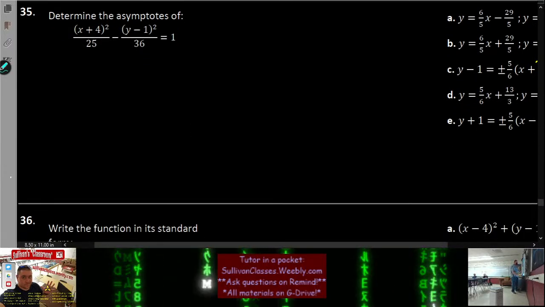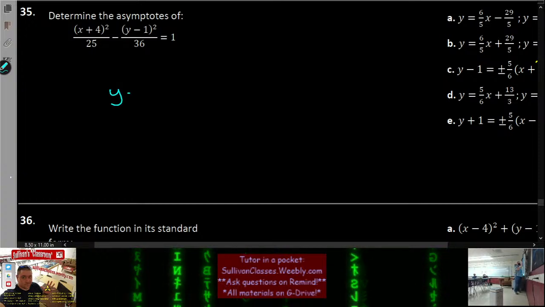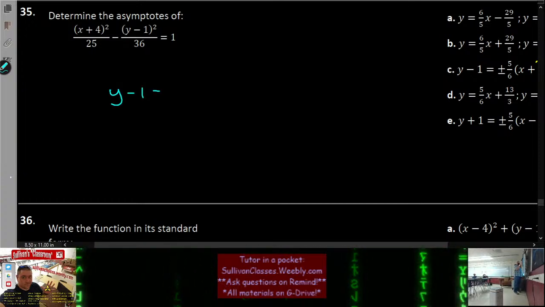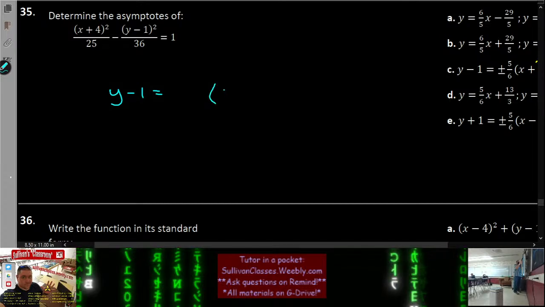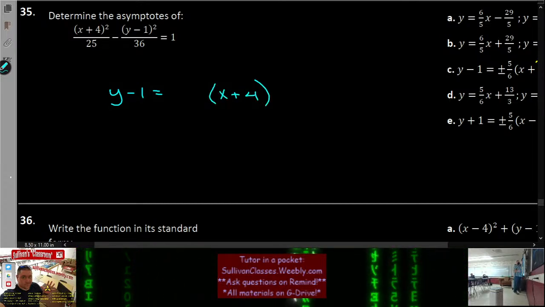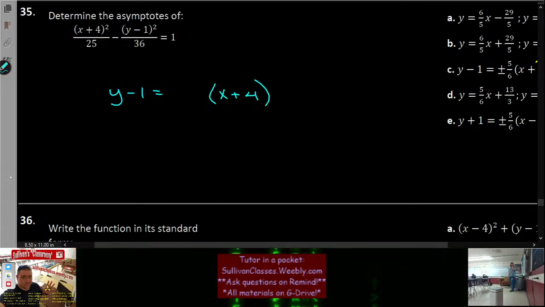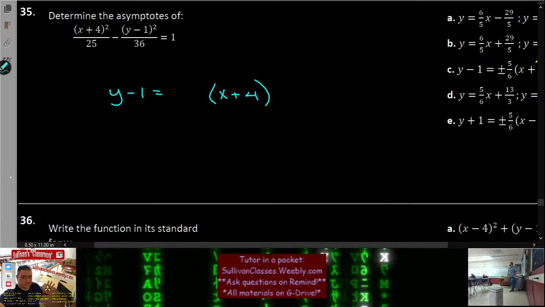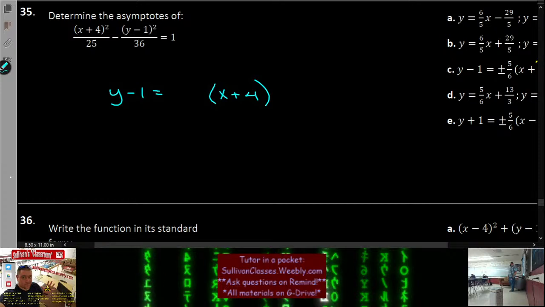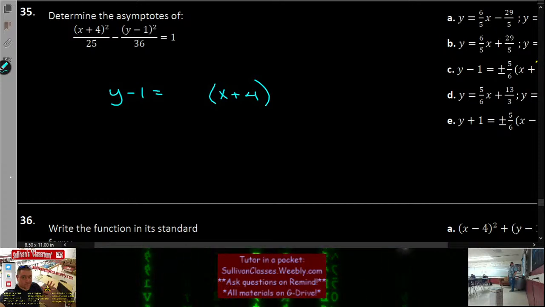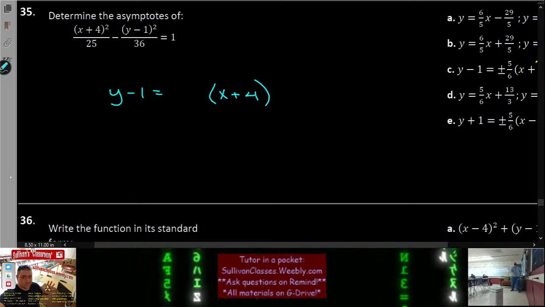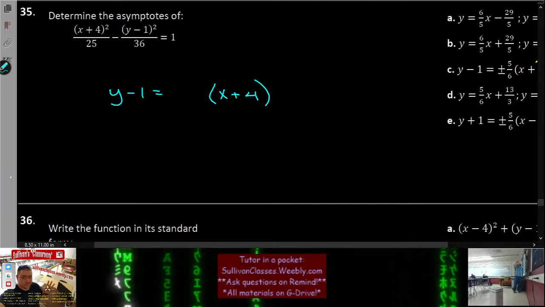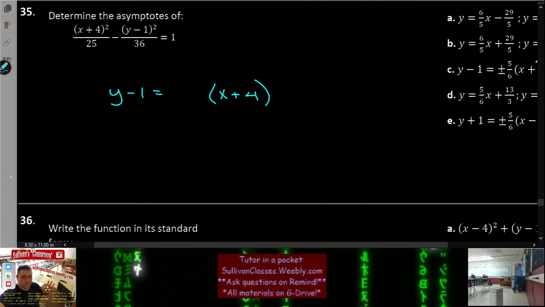Asymptotes of. Well, I know I'm going through the center. Asymptotes always go through the center. But is it a over b or b over a? It's always, a and b is almost arbitrary.